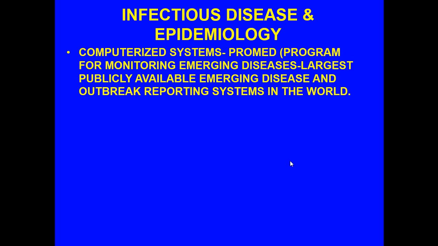This is the Program for Monitoring Emerging Diseases. It's one of the largest publicly available emerging disease and outbreak reporting systems in the world. Basically, data is being shared with all of the public health, whether it's international, national, regional, all over the world.